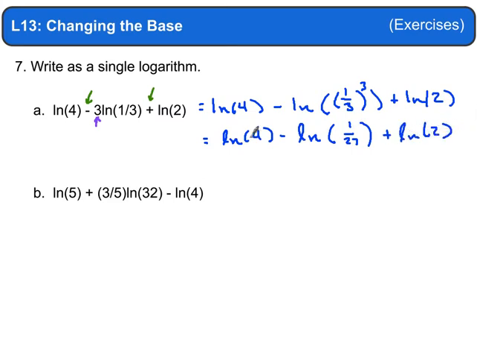That means this is going to say the natural log of 4 divided by 1 over 27. We'll calculate that in a minute. We're going to take it one step at a time. As you get better, you can combine steps. So 4 divided by 1 over 27 is the same thing as saying 4 times 27. And so we end up with 108.